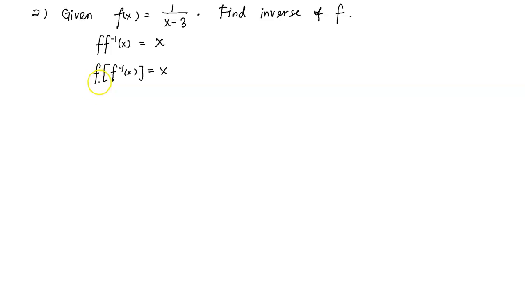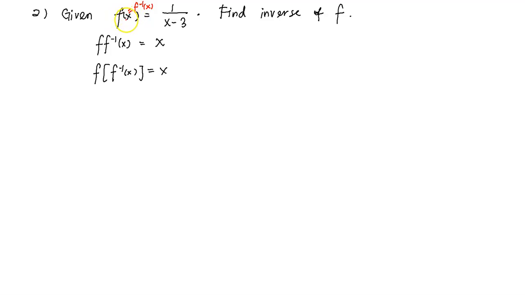So what does f inverse mean? You can understand it like this. f(x) equals 1 over x minus 3, meaning that if the x is substituted with f inverse, which is exactly what I want now, then in the bracket you put the f inverse.